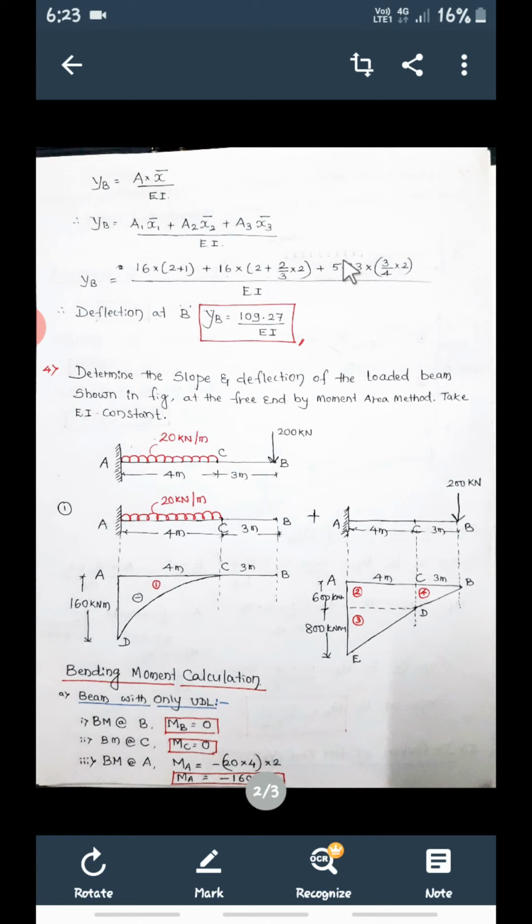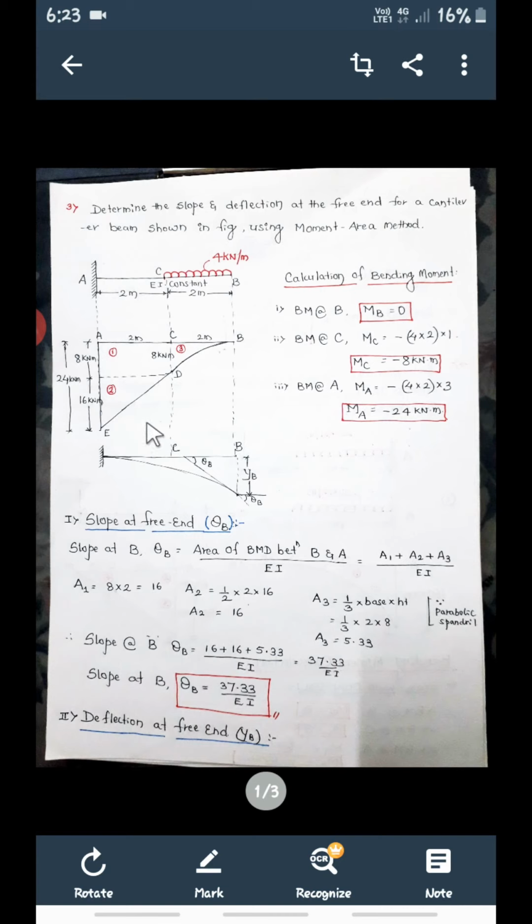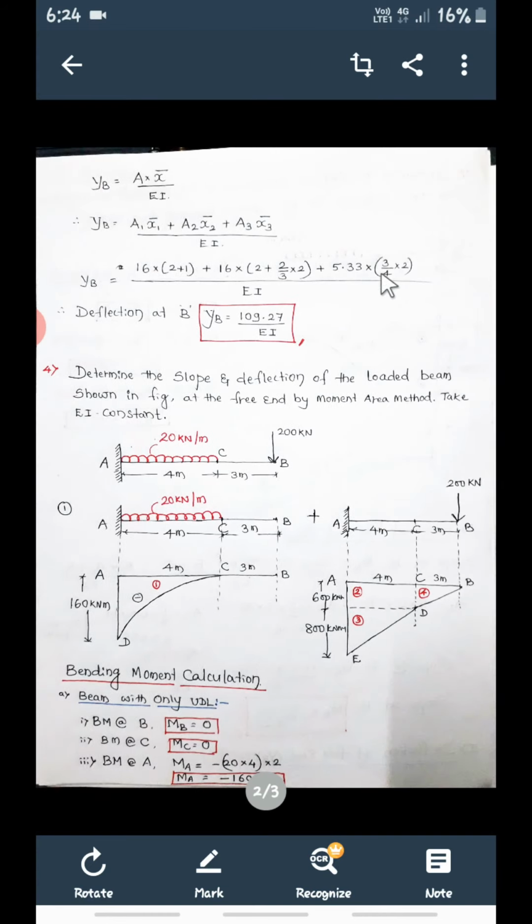Then similarly A3, area 5.33 into x3 bar. Again x3 bar: this is area 3, and the centroid of this is not of a triangle, this is a parabolic spandrel. It is 3/4 of the base from B, that is 3/4 times of 2.